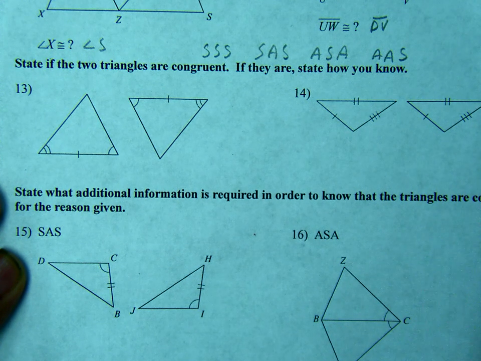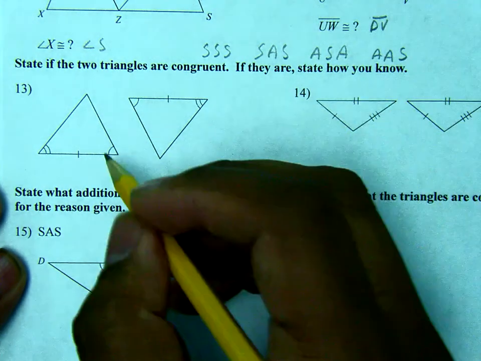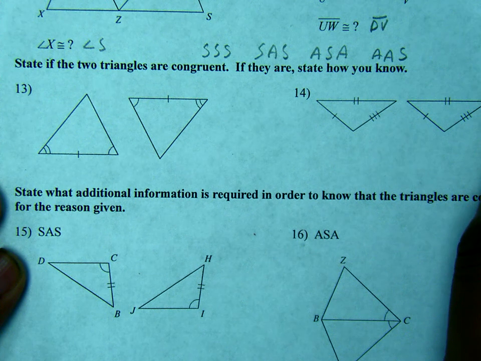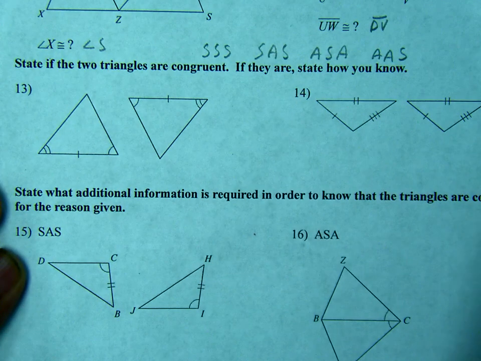So you want to take a look and see if it's one of these 4. If it's not, then you want to say that it's not congruent. These are the ways you're going to prove or state how you know that they're congruent.